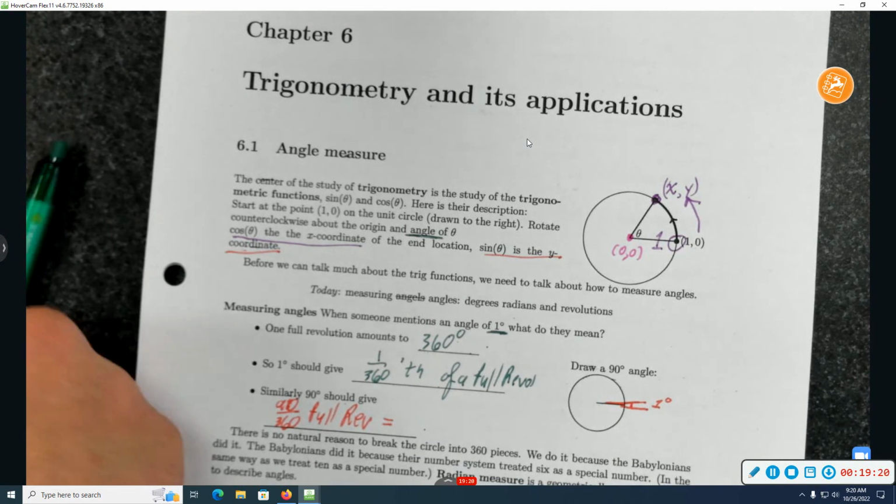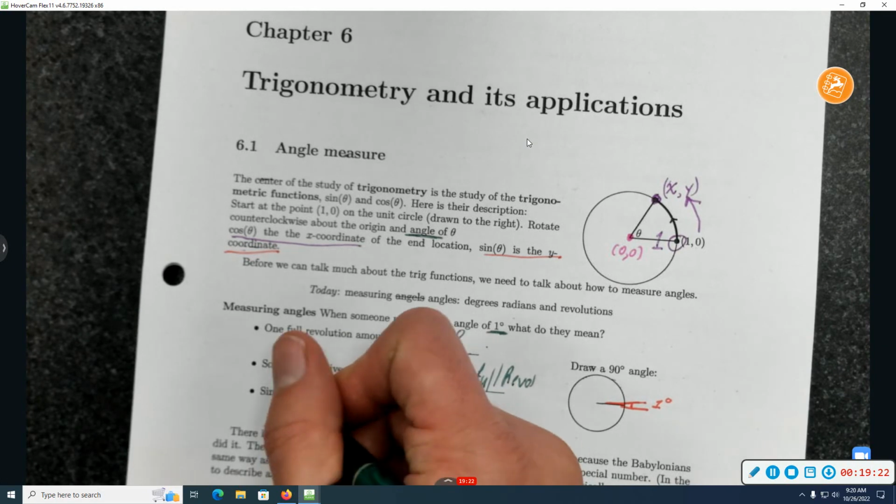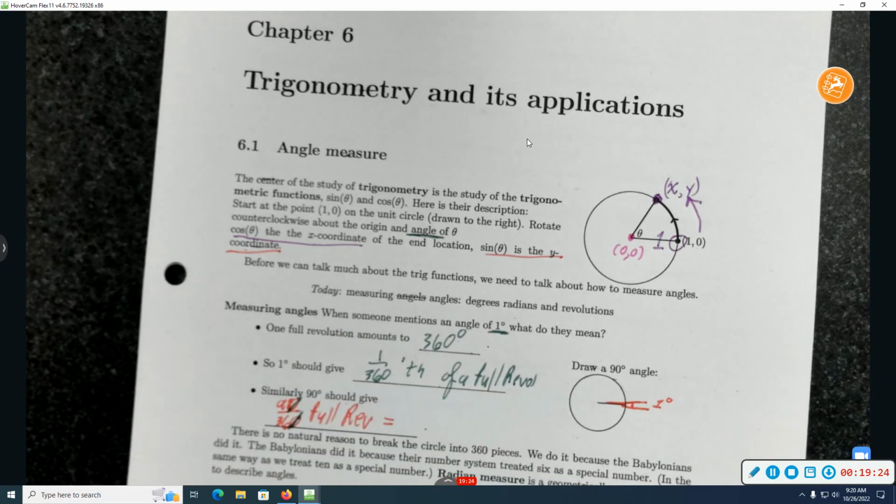There's the most obvious thing that you can cancel first: you can always move the decimal places over by 1. That's the same as dividing numerator and denominator by 10. So you have 9 over 360. Is 9 a factor of 360? Yeah, 9 goes into 360 4 times. So that's 1/4 of a revolution.